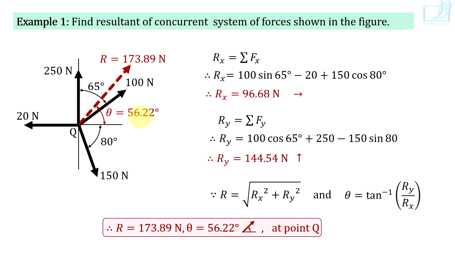Now listen. When you show resultant in the space diagram, are you adding a force in the system? No, not at all. It is not a fifth force in the system. What I mean to say, when you show resultant in the space diagram, draw a different type of line, and that is why in the diagram I have drawn resultant with a dotted line.